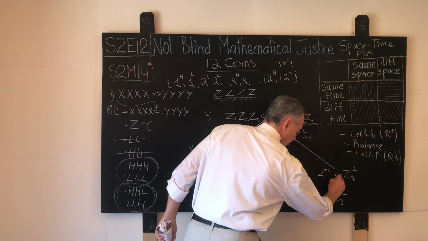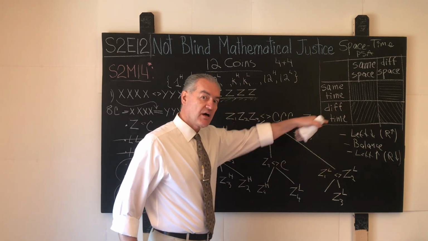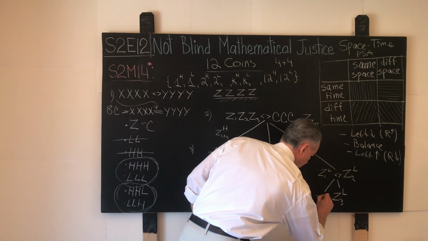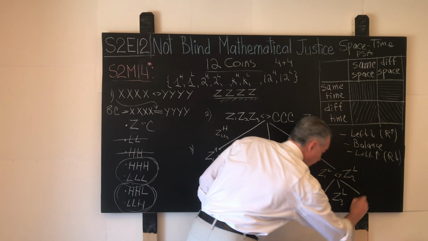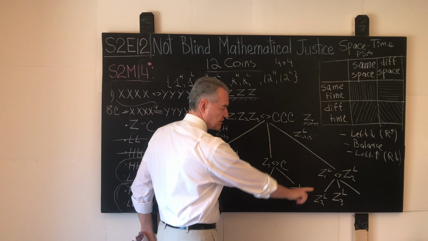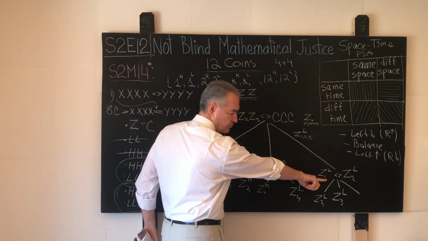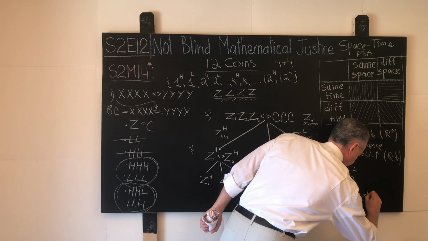If the left pan goes down here, or the pan that contains the coin named Z1 light, then the other guy is it. Then the coin named Z2 is fake and light. And if the pan that contains the coin Z2 light goes down, it means that the pan that contains the coin Z1 light went up. This guy is it, Z1 light.